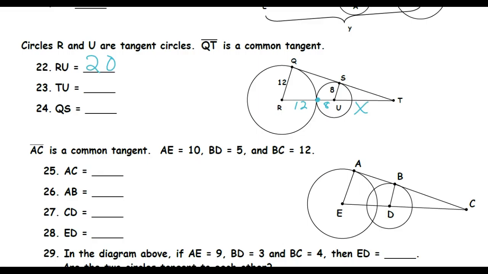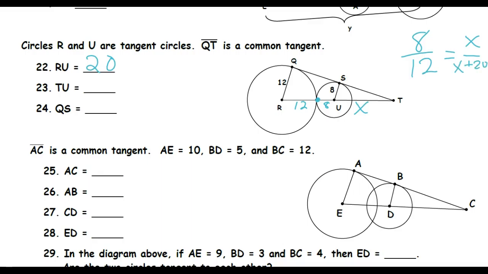Call it X. I'm going to say 8 is to 12 as, 8 came from the small triangle. Give me a side from the small triangle. X is to, not 12 plus X, 20 plus X, or X plus 20.